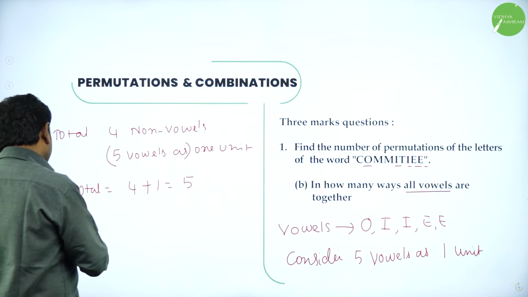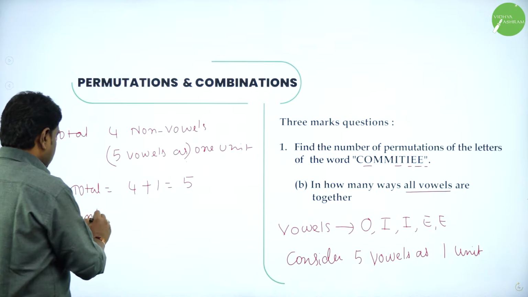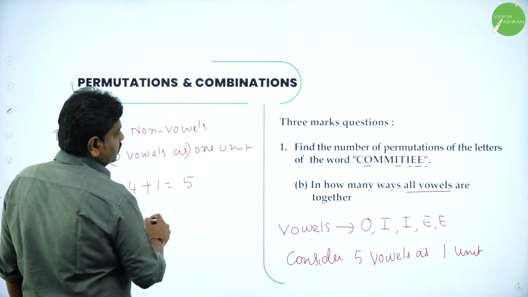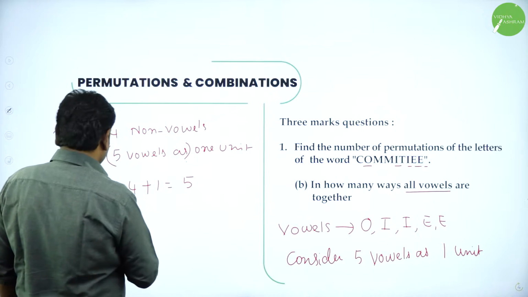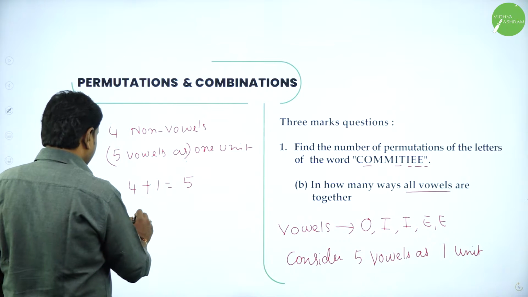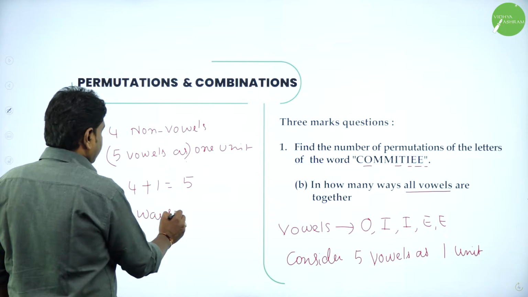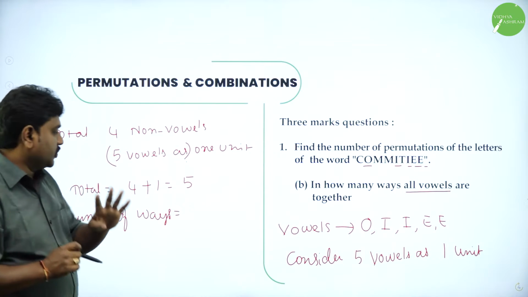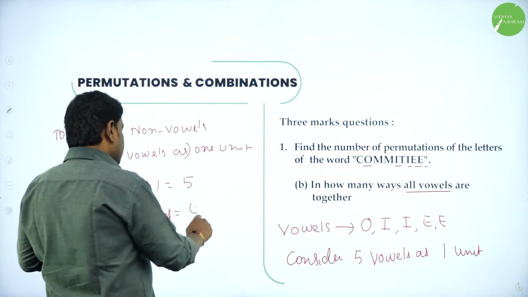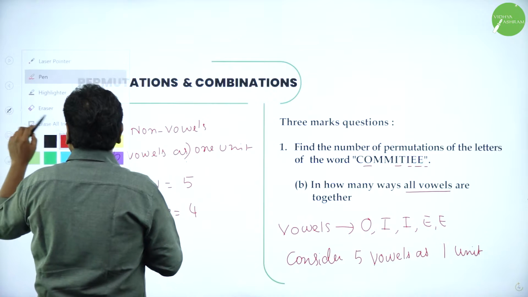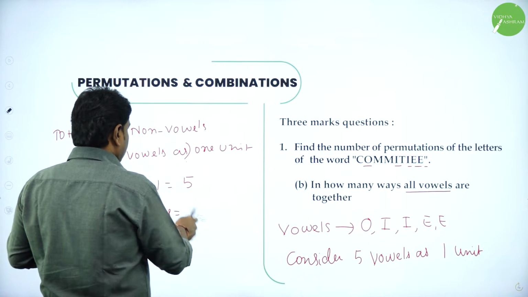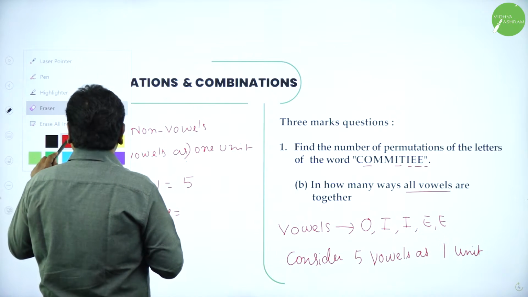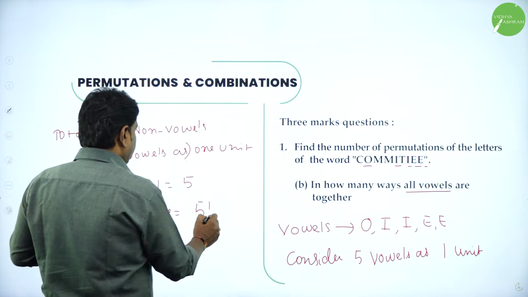So number of permutations, how many words they told, or number of ways or number of permutations is equal to, we have 5 letters now, 4 which are not vowels and 1 vowel unit. Total I have 5 units, and that 5 units can be arranged in 5 factorial ways.